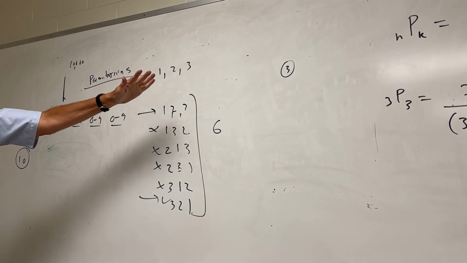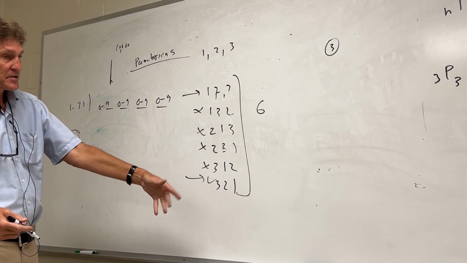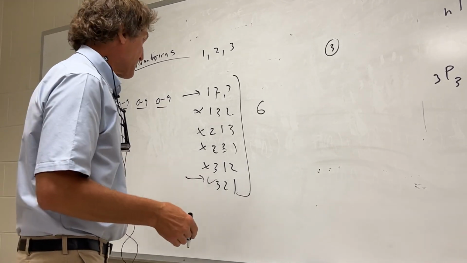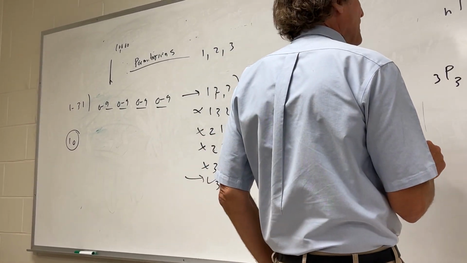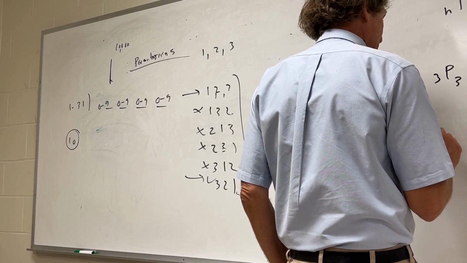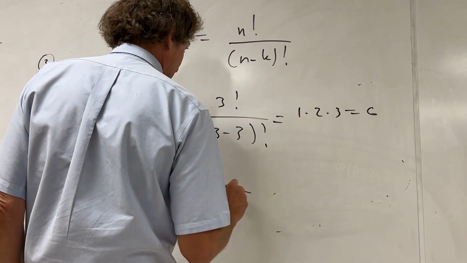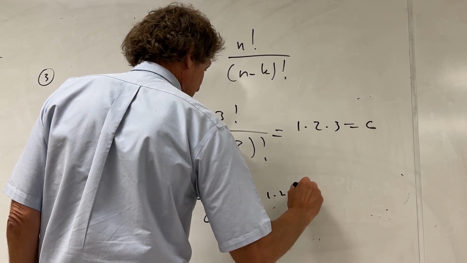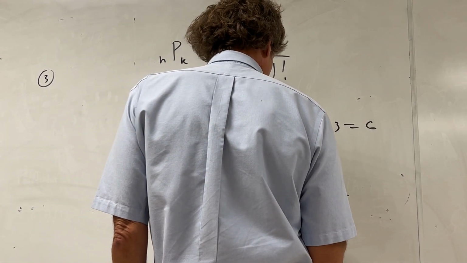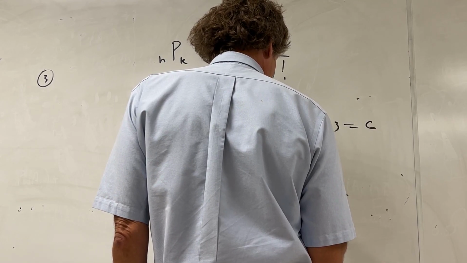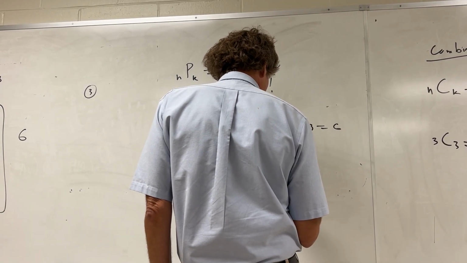Now, if we extended that to 4 digits, then what happens? Well, instead of having 6 combinations, for 4 digits you would get, this one would be what? That's going to be 6 factorial over 0 factorial, and that's 1 times 2 times 3 times 4 times 5 times 6, and that's going to be what? 24, is it 520?